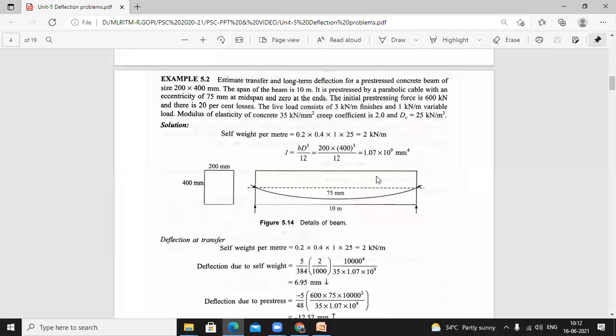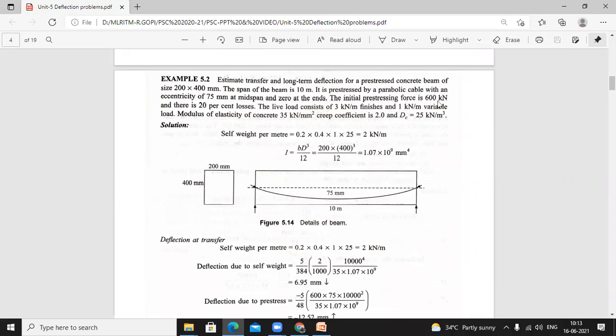Students, second problem, I read the question. Estimate the long-term deflection for a prestressed concrete beam of size 200 mm into 400 mm. The span of the beam is 10 meters. It is prestressed by a parabolic cable with an eccentricity of 75 mm at midspan and 0 at the ends.